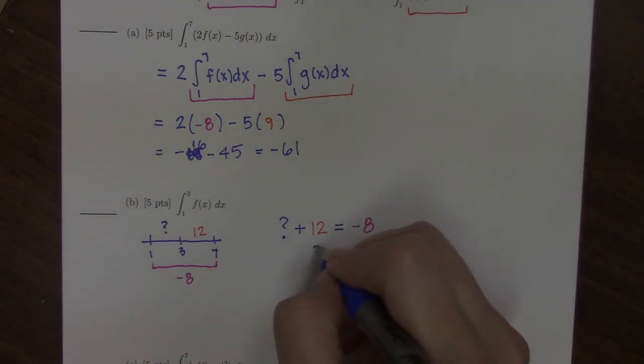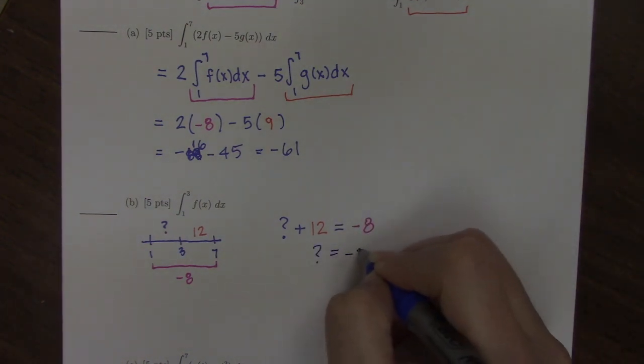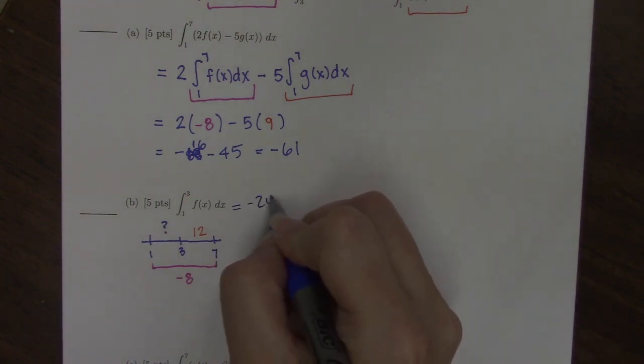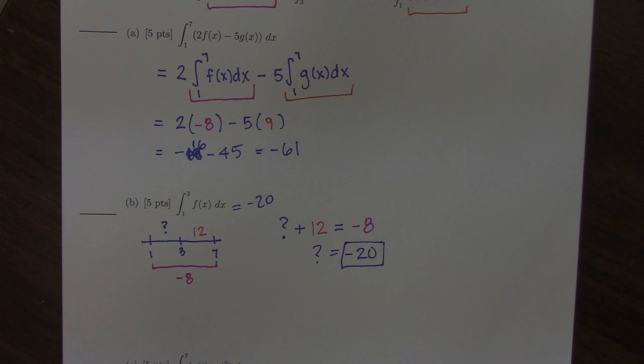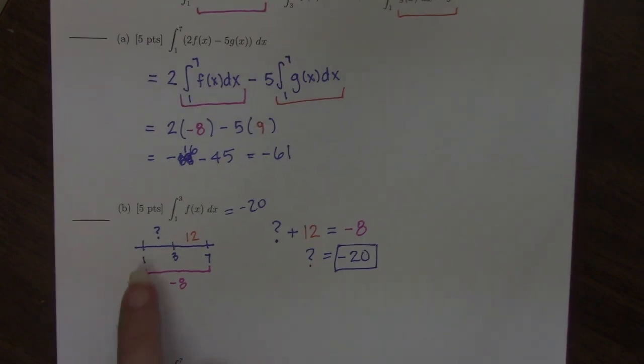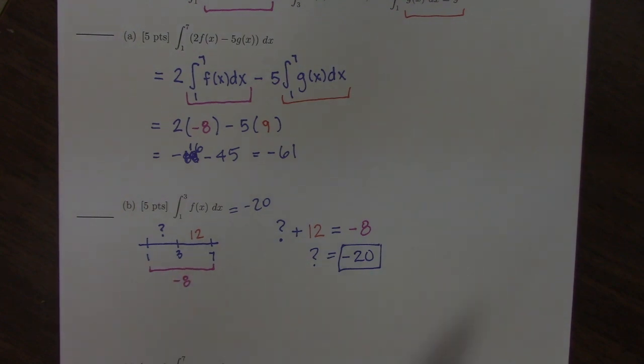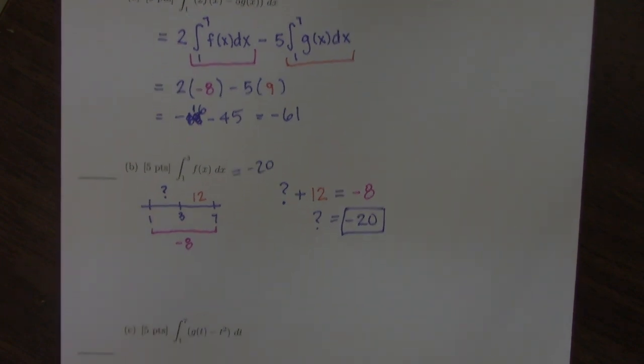So that means the question mark is equal to negative 20. You could also split this up as the integral from 1 to 3 plus the integral from 3 to 7 equals the integral from 1 to 7, and that's just a lot of integrals to write out, but this is enough work that you could justify writing that out.